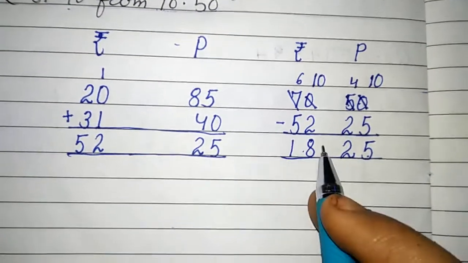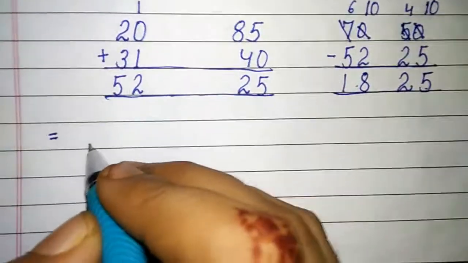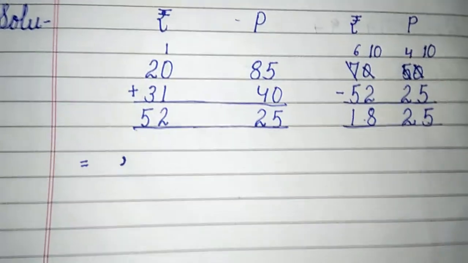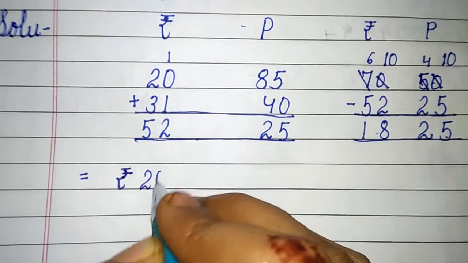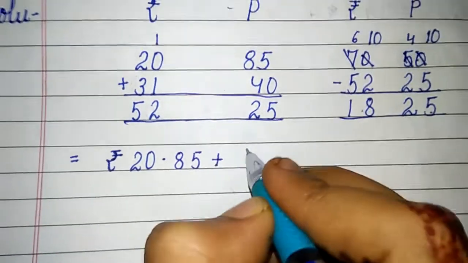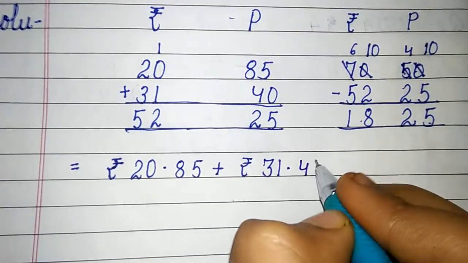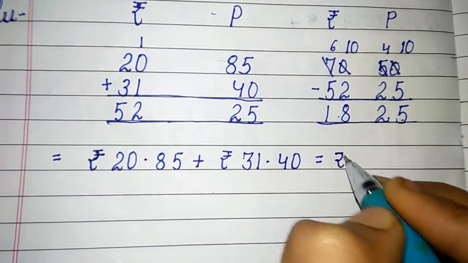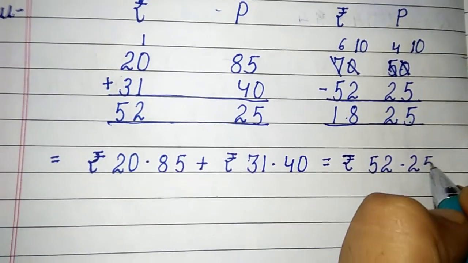Children, now we will write the answer below like this. You can see, first we have to write both amounts with answer. Rupees 20.85 plus 31.40, answer rupees 52.25. Clear?